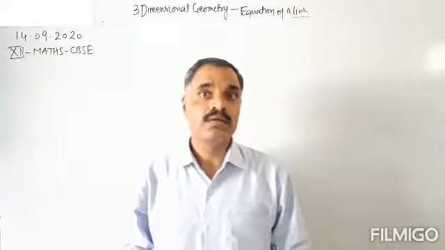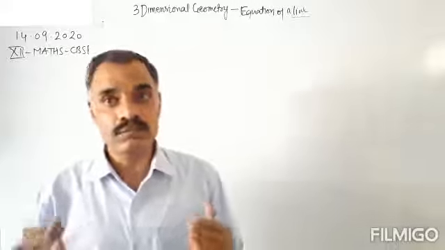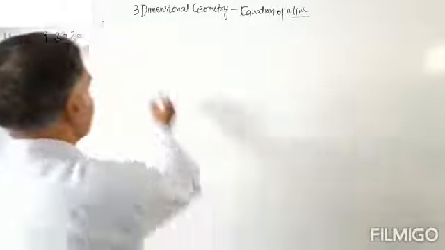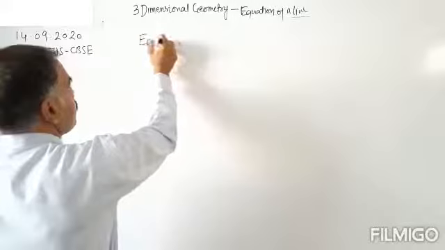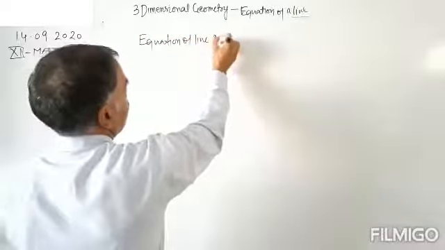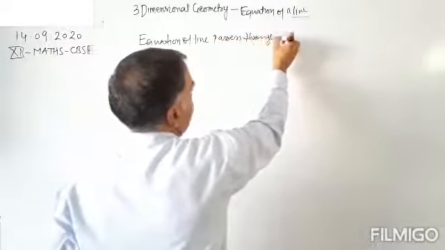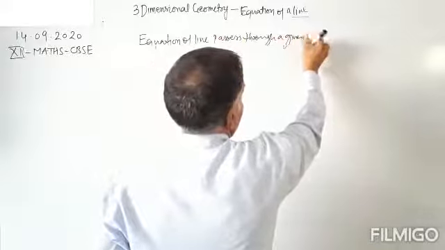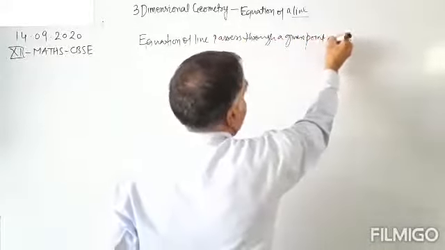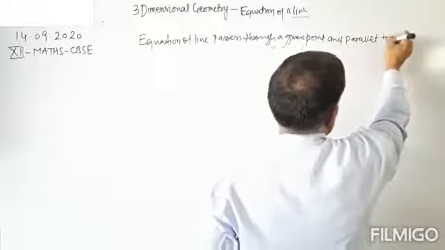Equation of a line that passes through a given point and is parallel to a given vector.